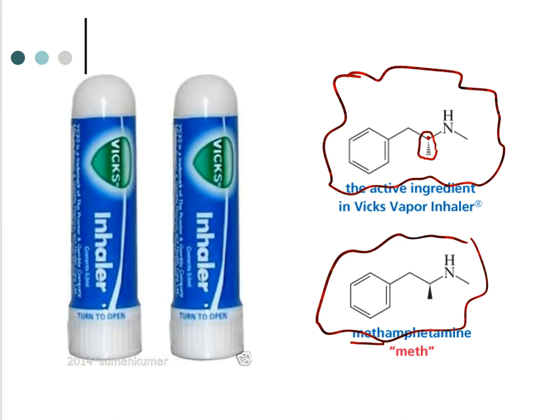I probably will end up in jail if I get caught. And if I'm trying to make it, I probably will end up blowing up my garage or whatever kind of outbuilding I'm trying to make it in. Very dangerous stuff, right? But all due to stereochemistry. That's what's crazy about this. Who would have known?